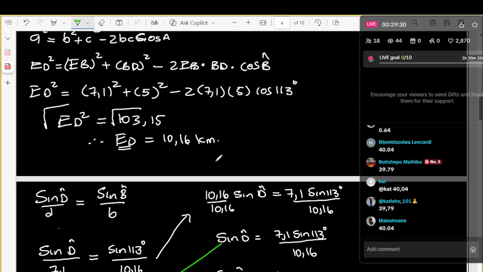Let me quickly put the drawing on the board. You'll get something like this in an exam. Let's say they give you a triangle.